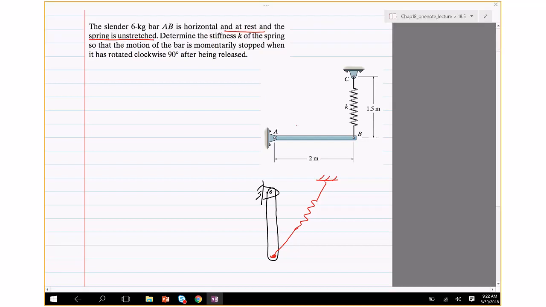So this is rest, this is rest. We're going to find K such that it will come to rest at that position.